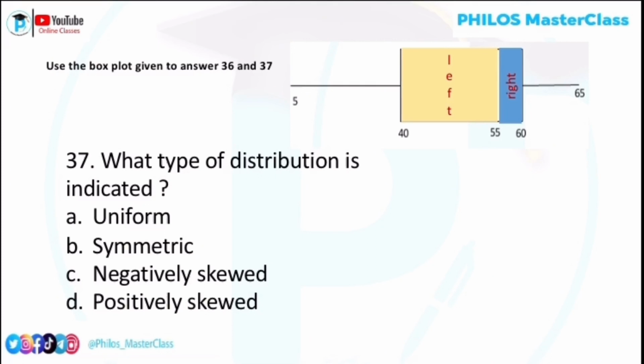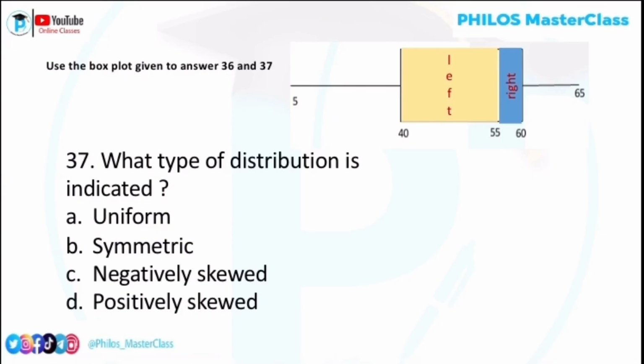To know the type of distribution, whenever the right is larger than the left, you say it is right skewed. Another name for right skewed is positively skewed. But when the left is larger than the right, you say it is left skewed, and another name for left skewed is negatively skewed. But when both sides are the same, you say it is symmetric or zero skewed.